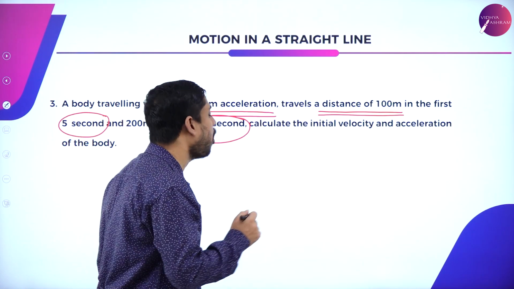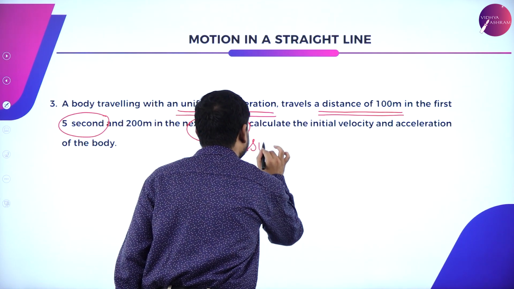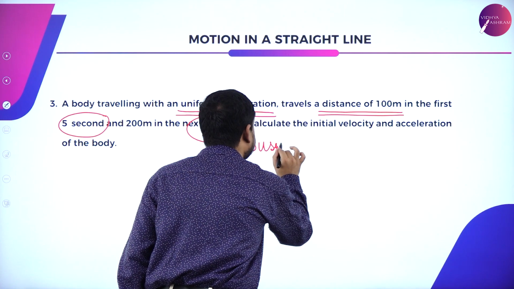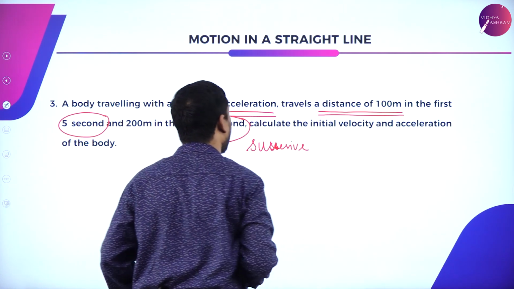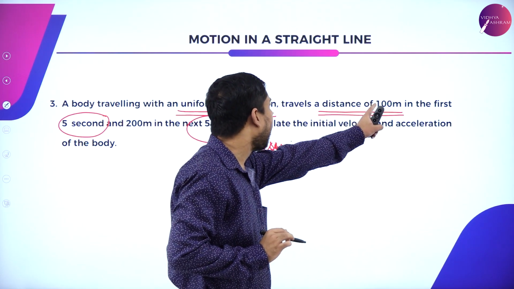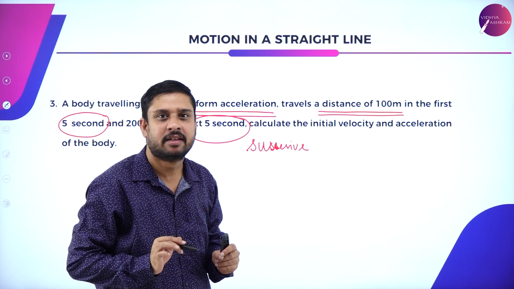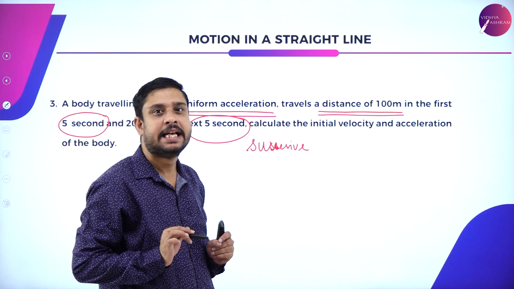Students, such type of motion is called motion in successive intervals of time. First 100 meters in first 5 seconds.